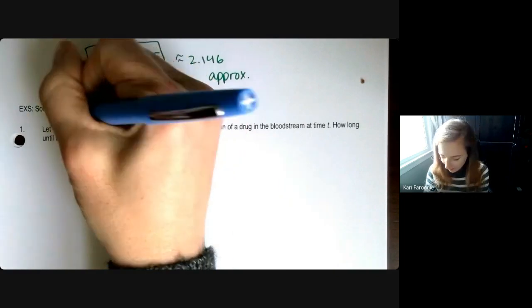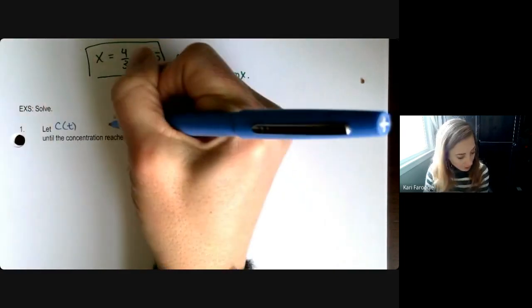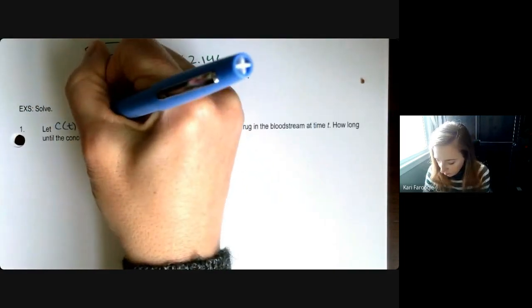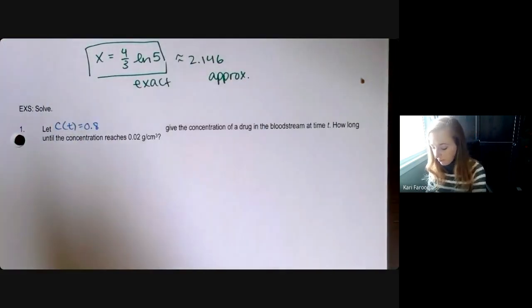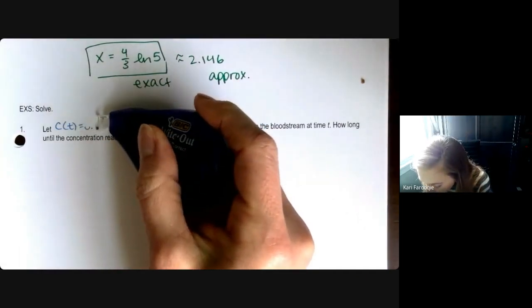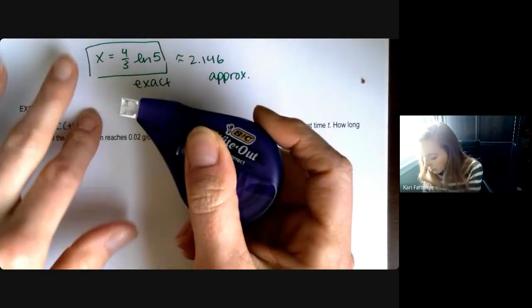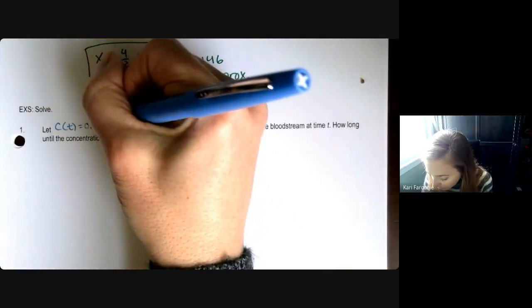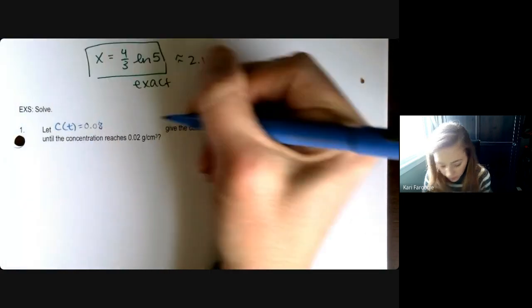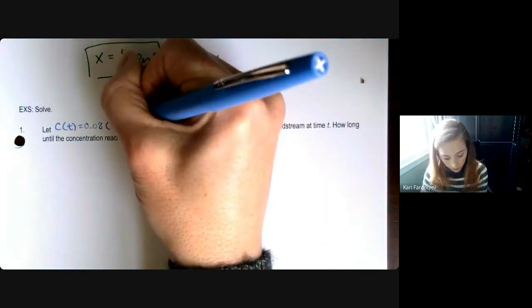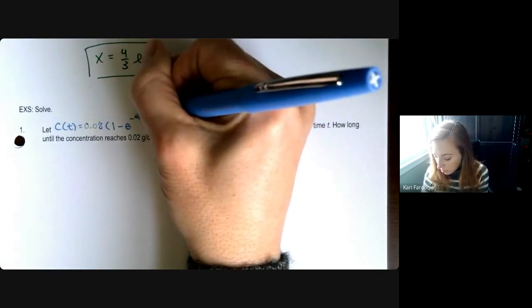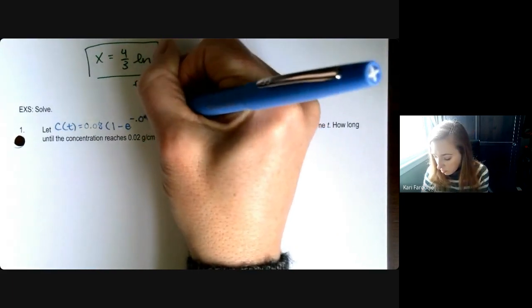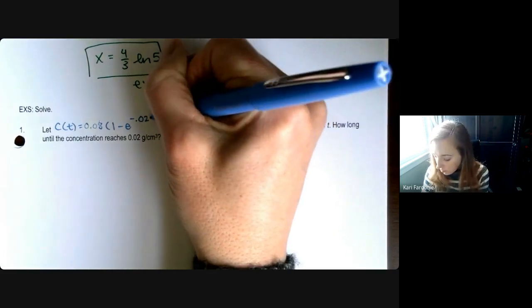It does, doesn't it? We're going to let C of t equal 0.08 times 1 minus e to the negative 0.02 t.